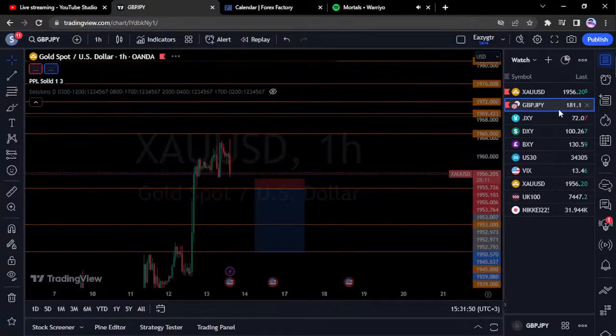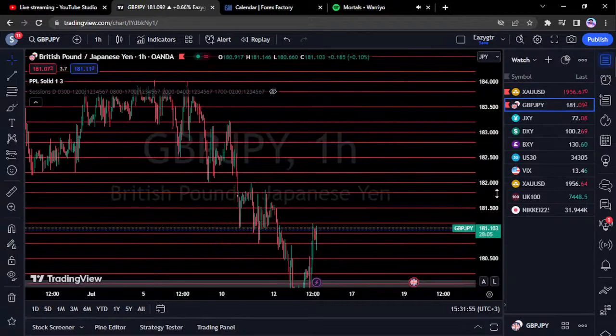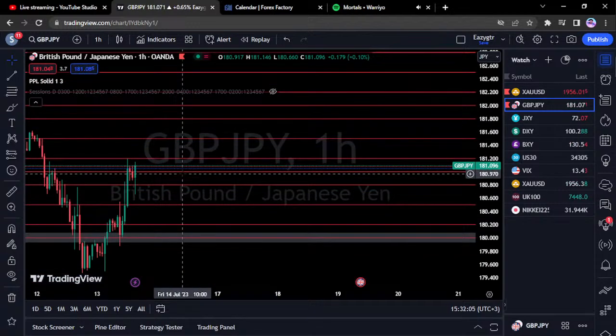Let us look at GJ. GJ did a liquidity grab and it's back above 181.